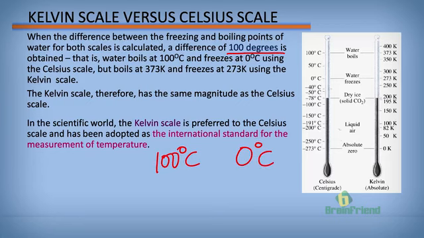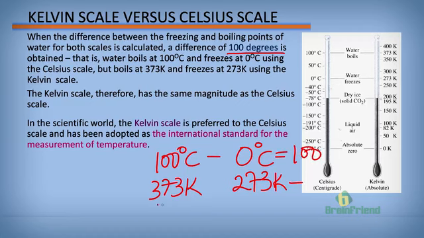For the Kelvin scale, the boiling point is at 373 Kelvin, and the freezing point of water is 273 Kelvin. If you calculate the difference, we'll see that it is the same. 100 minus 0 is 100, and 373 minus 273 is also 100.